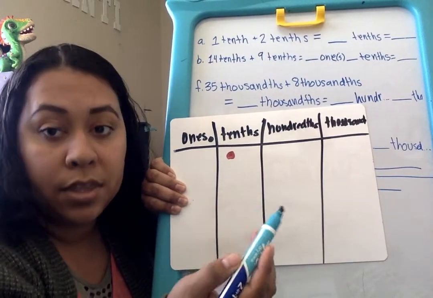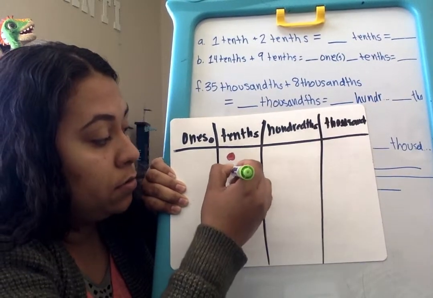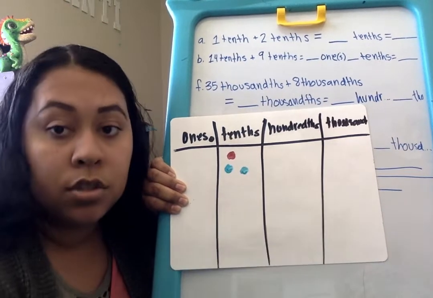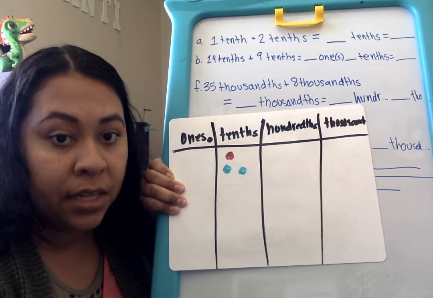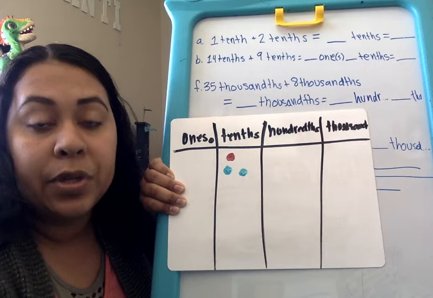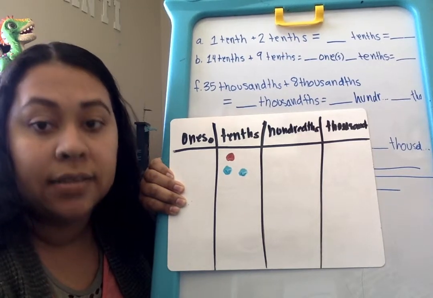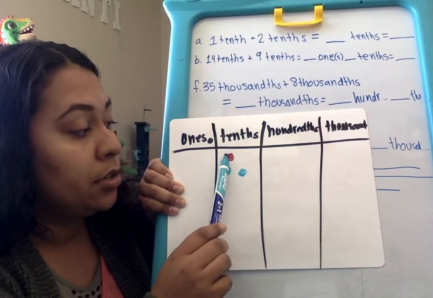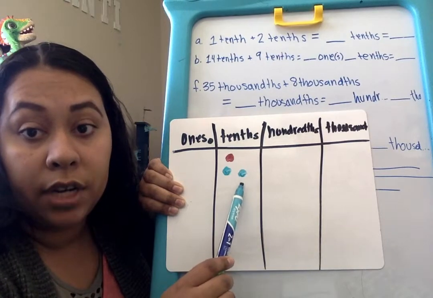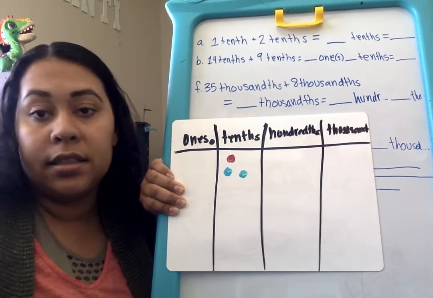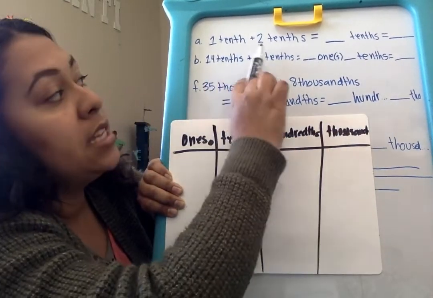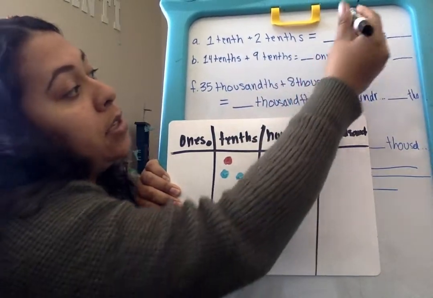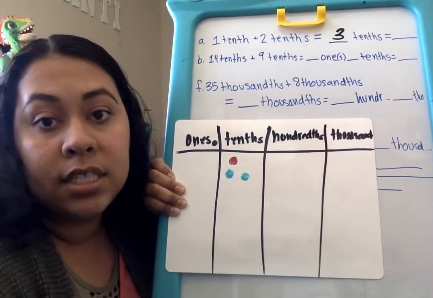So with the different color, I'm going to do 1, 2, just below it, just like that. So now I'm going to count up how many total tenths there are. So there's 1, 2, 3. So 3/10. So now 1/10 plus 2/10 equals 3/10.